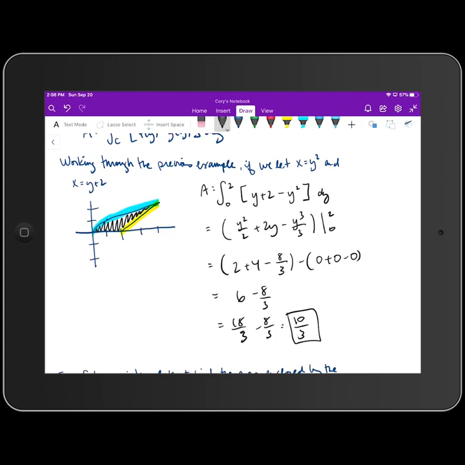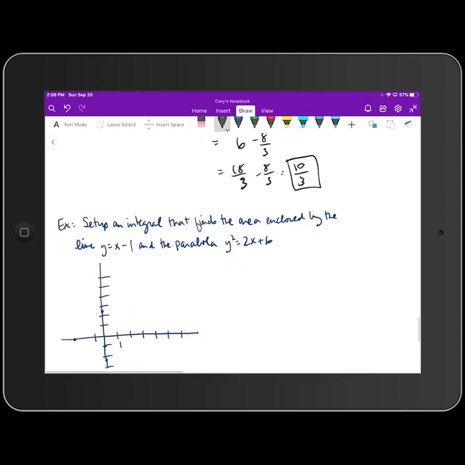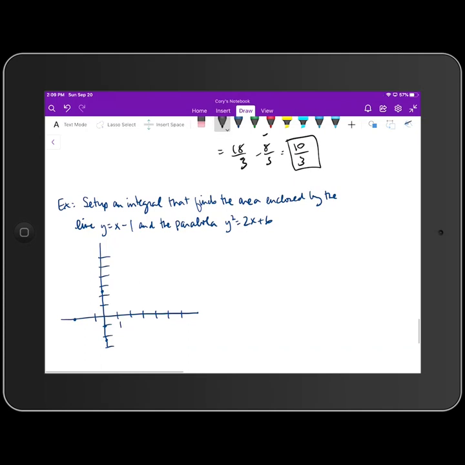So when that occurs, a lot of times that's a good circumstance for you to integrate with respect to y. Makes things a little bit easier for you. It only makes it a little bit easier in this example, but in the next example we're going to look at, it makes things significantly easier.